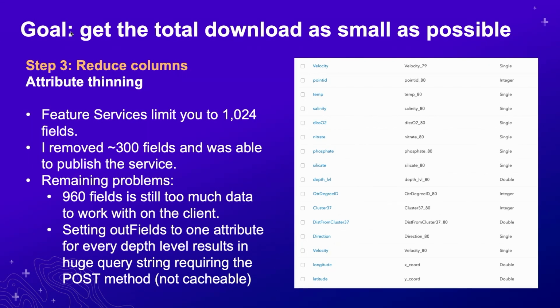So if I'm bringing down more than that, I'm basically setting a bunch of out fields on my query, which makes it a huge query string, and then it makes it uncacheable, right? Because we can't use a GET request at that point. We're forced to use a POST once the query string goes over, what is it, 2000? 2048 characters.